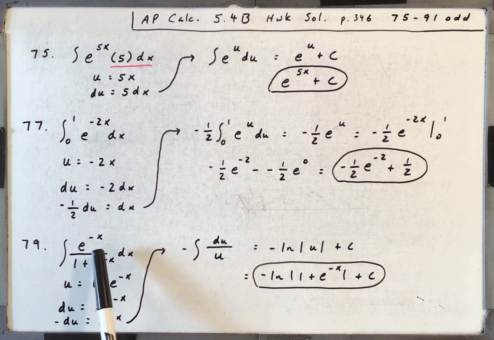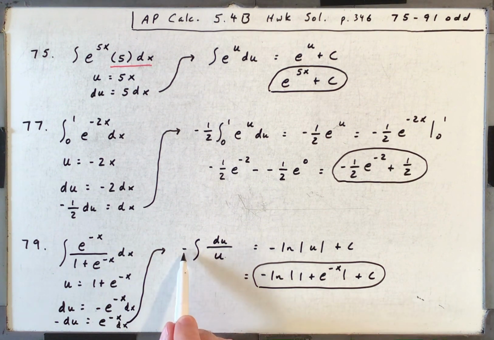We want it to just be e to the minus x dx. Okay, and so if we divide both sides by negative 1, then we would have minus du is equal to positive e to the minus x dx, and that's what we want.